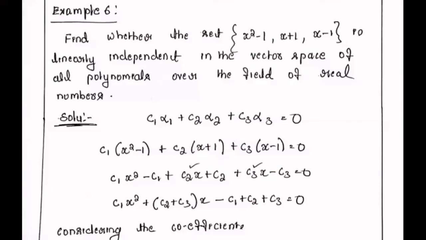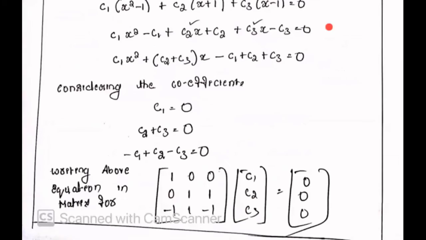Now you look for all x square terms. Only one x square term is there. You look for all x terms and take x as a common factor. What you get is c2 plus c3. And the other constants are minus c1 plus c2 and minus c3. Those constants you write. So in order to make this equation equal to 0, the right hand side being 0, c1 should be 0, this part should be 0, and this part should be 0.